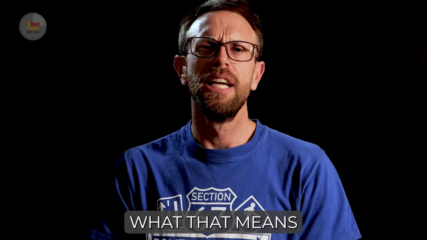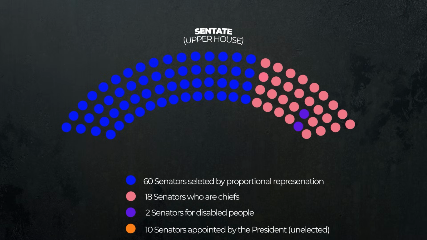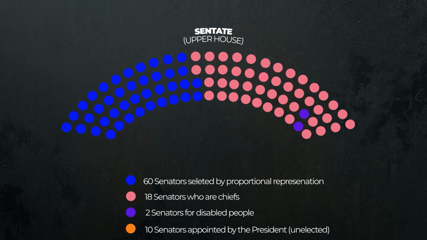What that means is that the ruling party only needs an additional 18 senators to get 46 senators, which is 50% of the Senate. That means the ruling party would only need 30% of the vote at an election in order to retain control of the Senate.